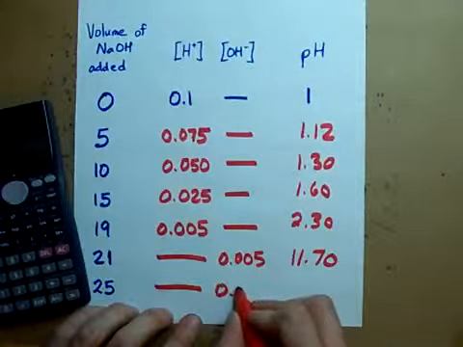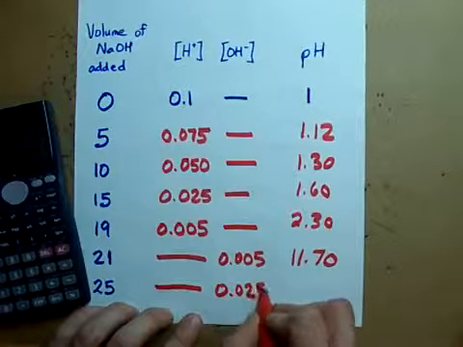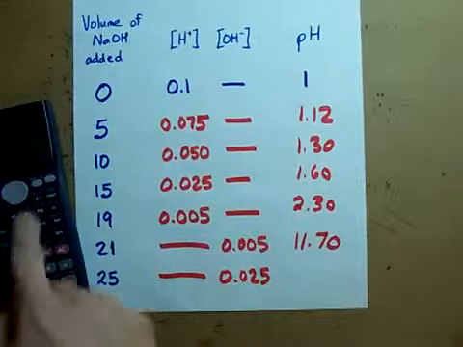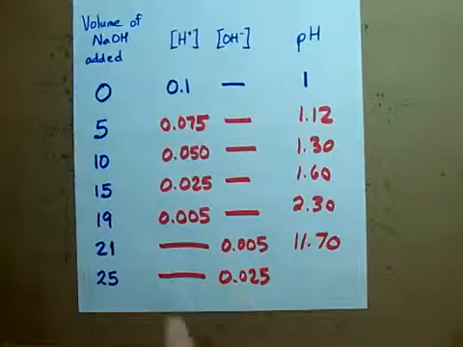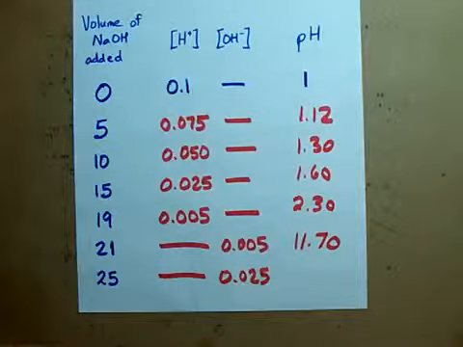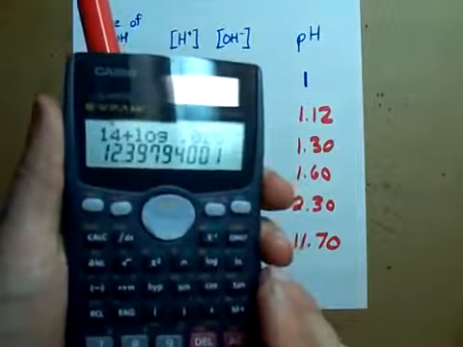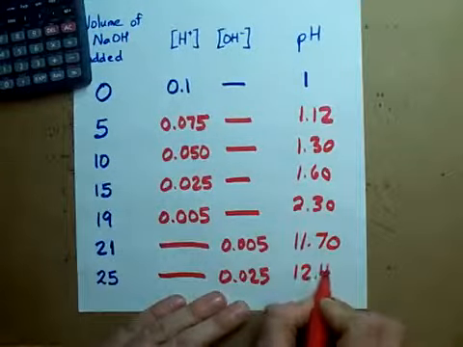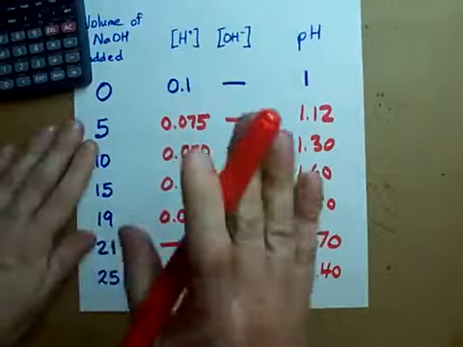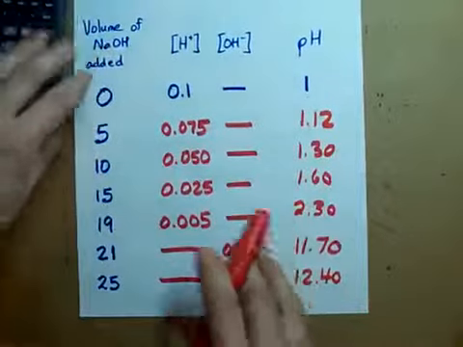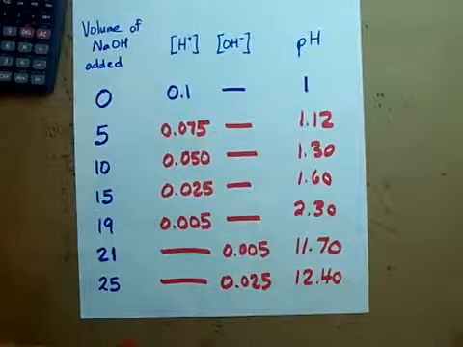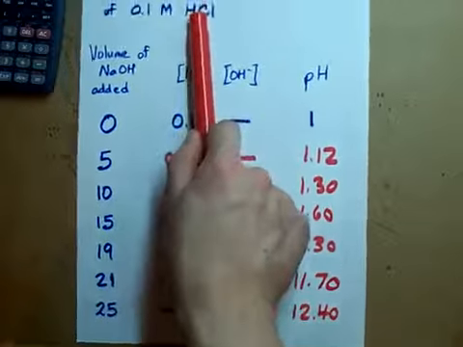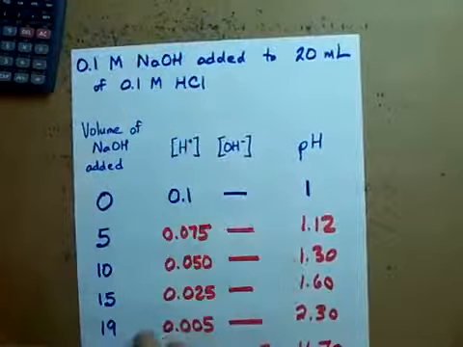Long story short, my concentration of OH minus will be this, and my pH will be 14 plus the log of 0.025. My pH will be 12.4. Oh, that's so big. These are the pHs as I titrate a strong acid with a strong base.